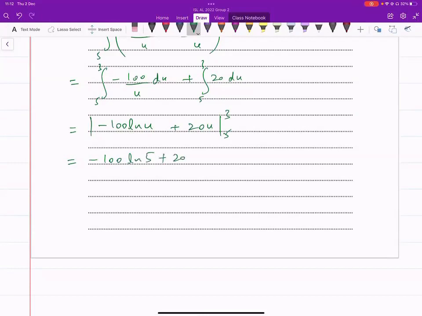Minus 100 ln 3 plus 20 into 3, that's the upper limit, minus minus 100 ln 5 plus 20 into 5. That's how you'll do this.